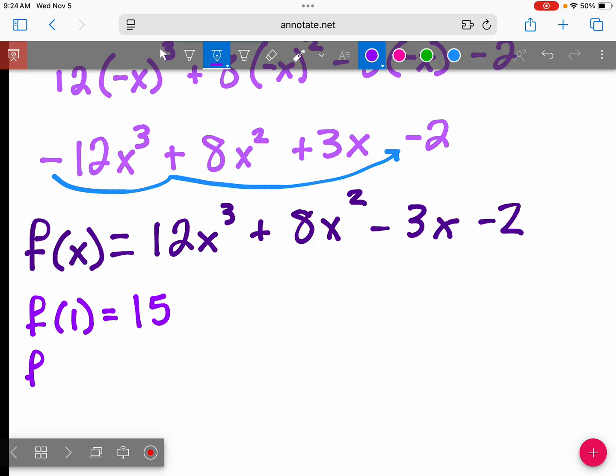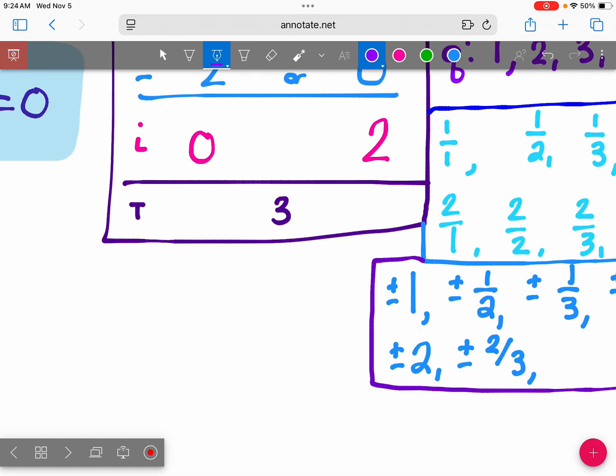And if I do f of negative 1, I get negative 3. So I know it's not going to be 1 or negative 1. And I can just use this master list to cross things out and test things.